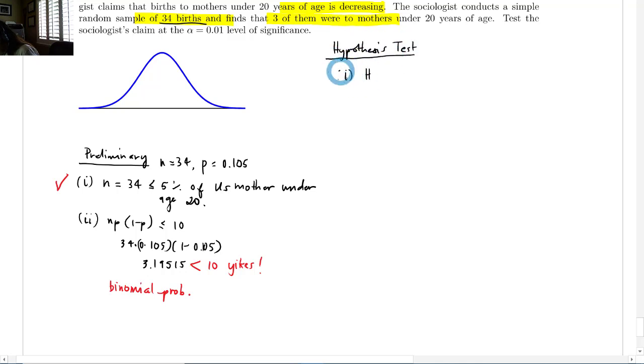So the first step always, H sub 0, right? Set up your hypothesis. And we're doing a proportion, so don't lose sight of that. The population proportion was 10.5%, so status quo would be 10.5%. But the researcher says that he or she believes that the number of mothers under 20 years of age is decreasing.